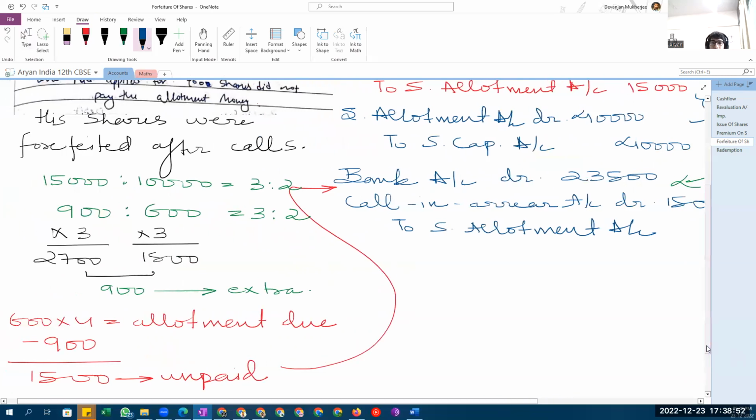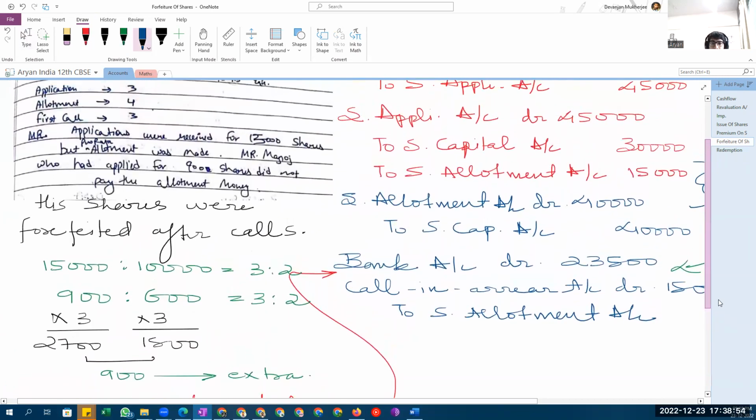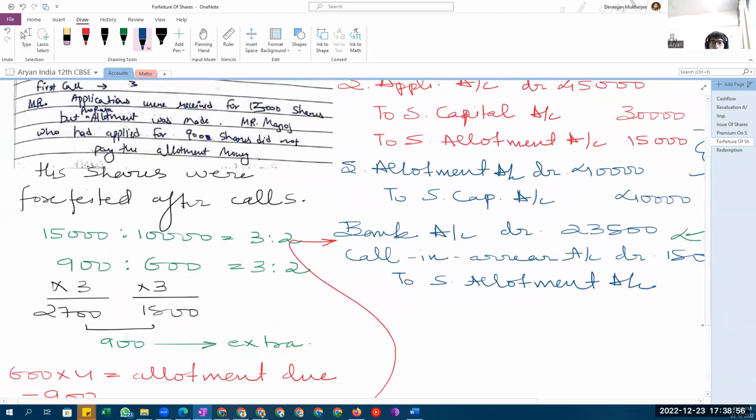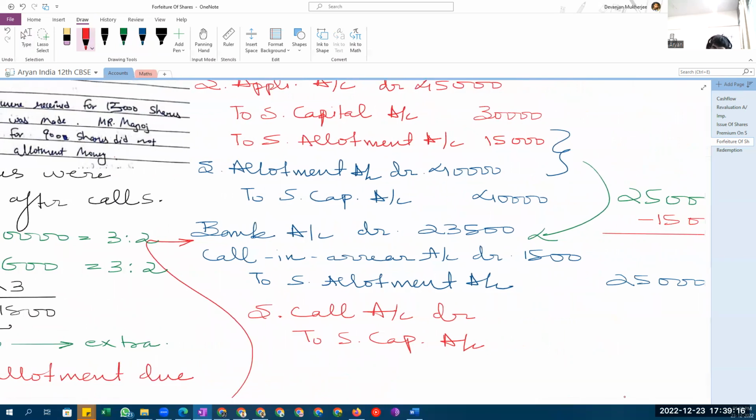Now coming to the call, first call, 3 rupees. On call, share call account debit to share capital account 30,000.